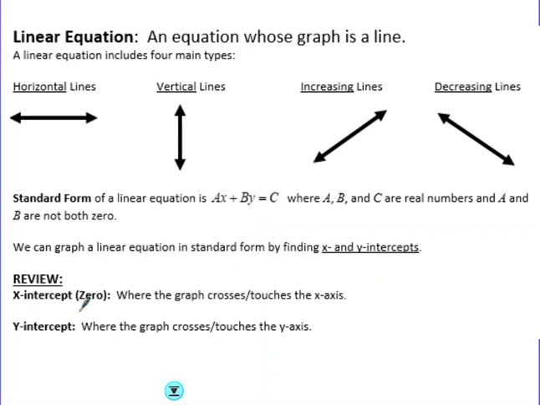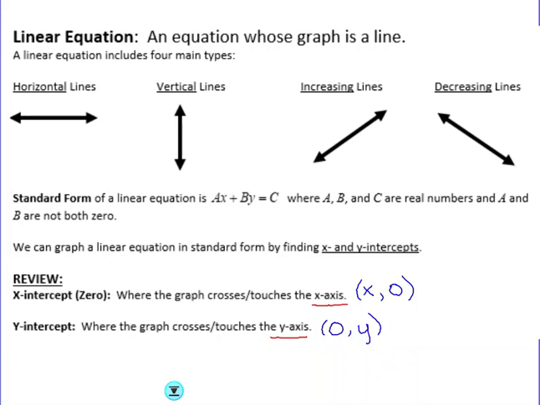As a review, remember that x-intercepts are where the graph touches or crosses the x-axis, and those points will be written (x, y) where y is 0. Y-intercepts are where the graph crosses or touches the y-axis, and that point will be (0, y).